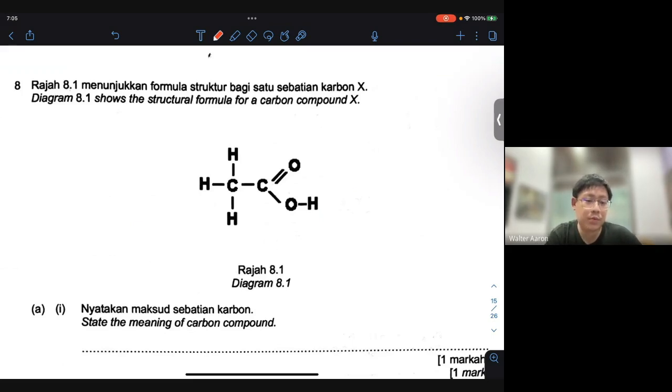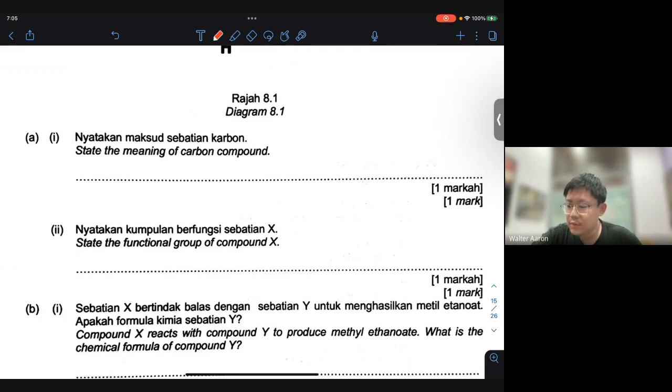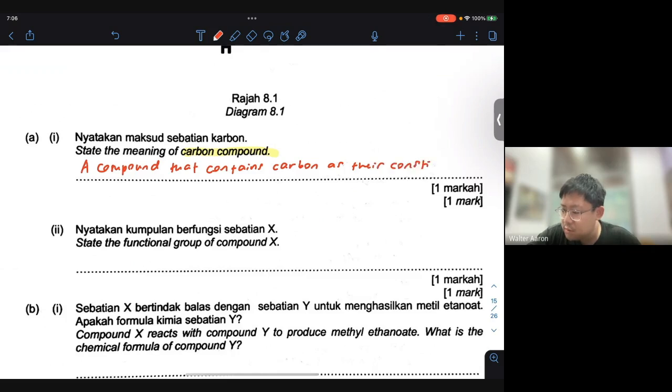For carbon compound, we usually call it a compound that contains carbon as the constituent element.